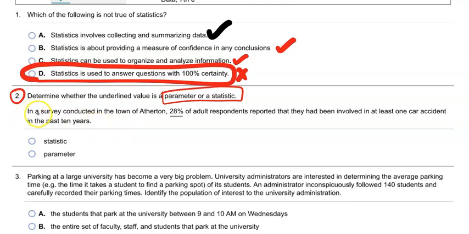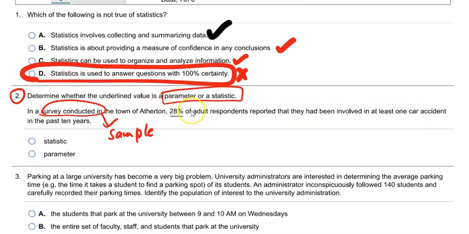So if you read the question correctly, in a survey conducted in the town of Atherton, there is a survey here. If you talk about a survey, this must involve a sample, because the population is the entire group, so you cannot survey everybody in the population. So if a survey is involved, this must be the sample we are talking about. 28% of adult respondents reported that they had been involved in at least one car accident.